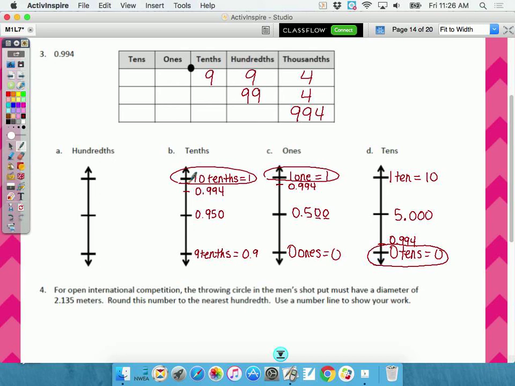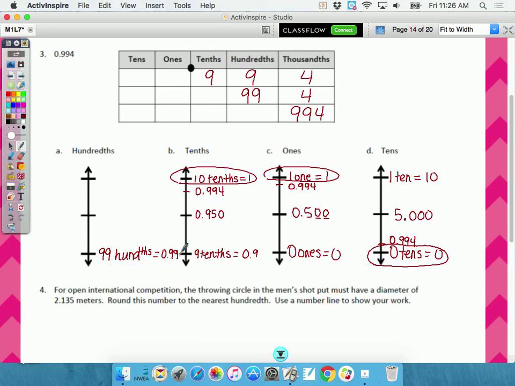Okay, we've got 1 left. 99 hundredths. Pay careful attention to this one because you're going to round to the nearest hundredth on your exit ticket. So how do I write 99 hundredths in standard form? 0.99. Very good.